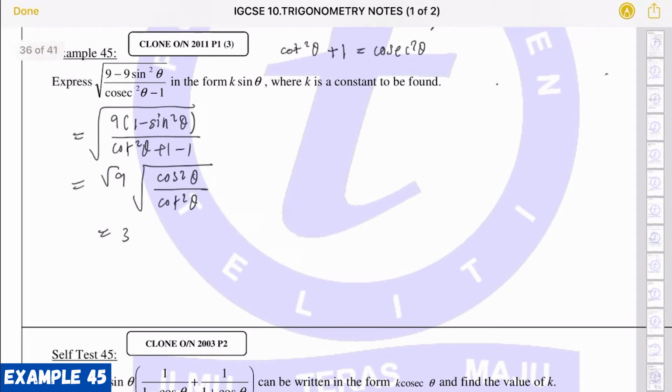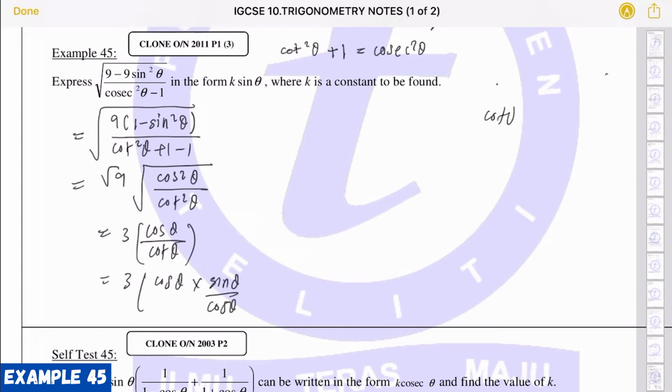So I'm going to write this as 3 cos over cotangent, because we can actually cancel out the square and square root. So cotangent, if you flip it up, becomes sine over cos, right? I say this again. Cotangent is cos over sine.